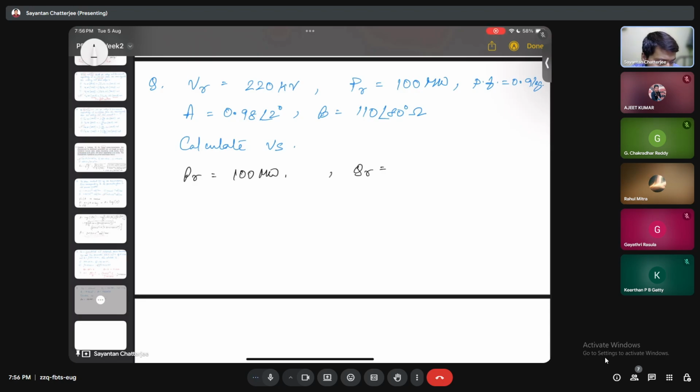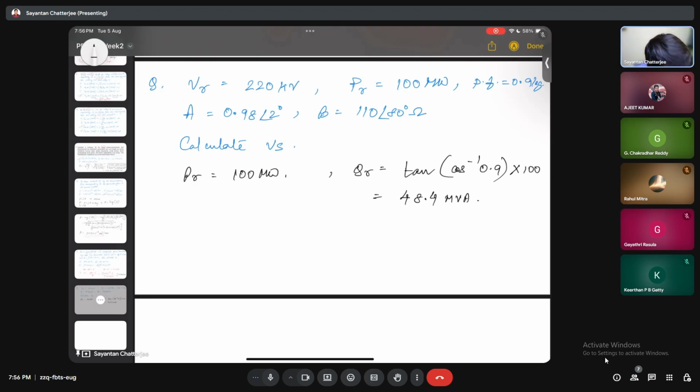Any ideas? Sir, 48.4 megawatt. Yes. So this will be 100 times tan of cos inverse 0.9. So this will become 48.4 MVAR.